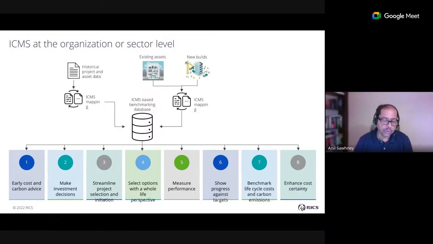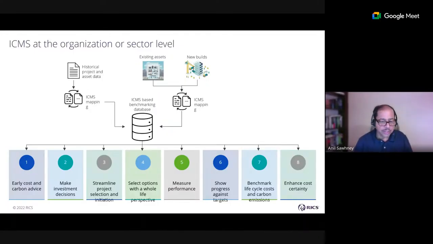Since you're storing your carbon emissions and life cycle costs in that database by project attributes, you can search and find a group of historical projects which are relevant for your current project for which you're doing the estimate.